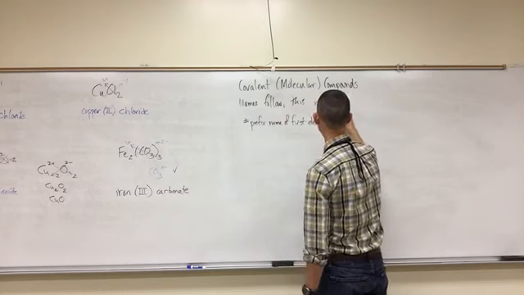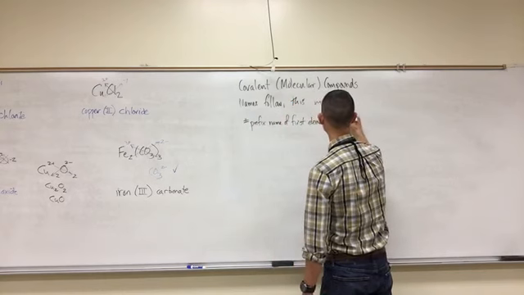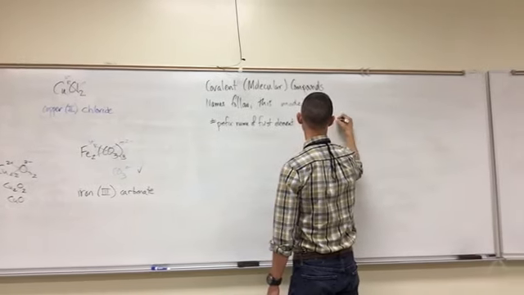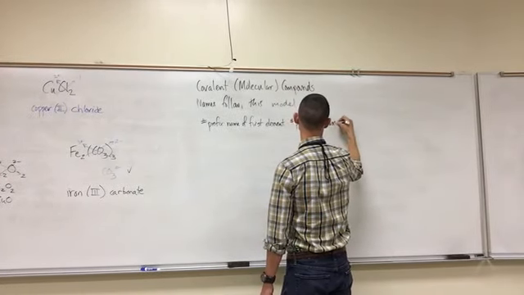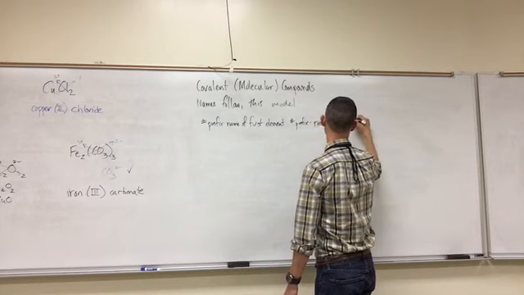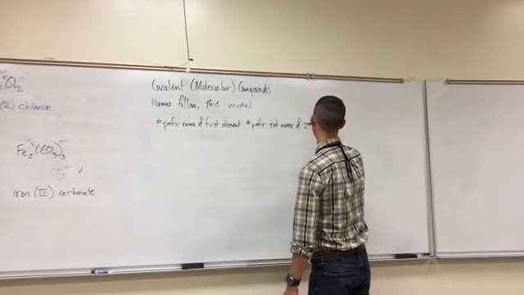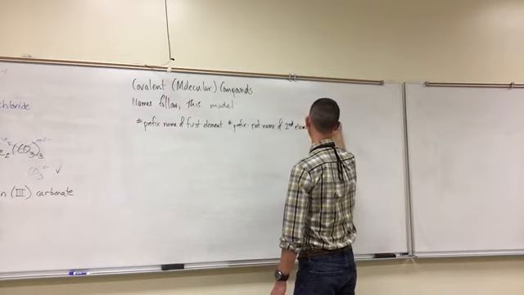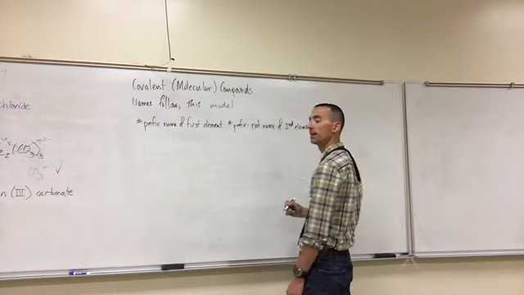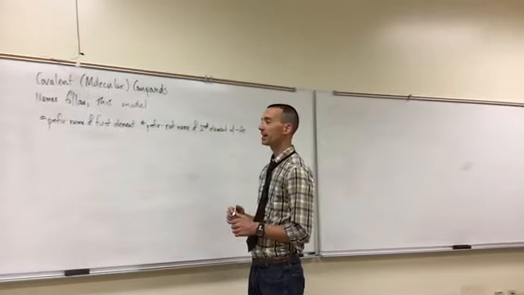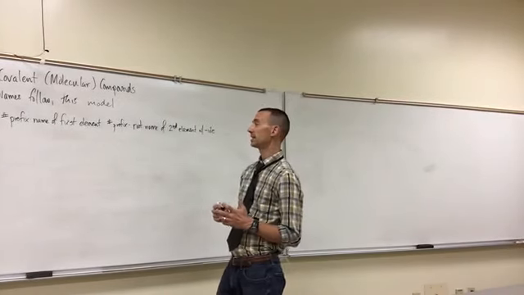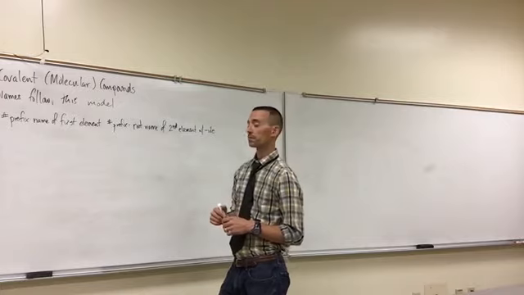Then you would need another numerical prefix, the root name of the second element, with the suffix ide. So just like the ionic compounds, for better or worse, all of these end in ide.